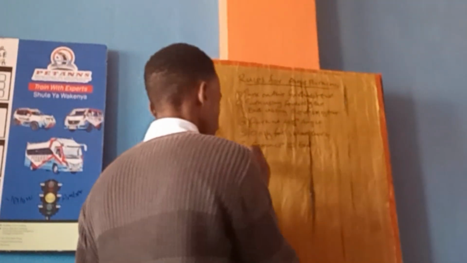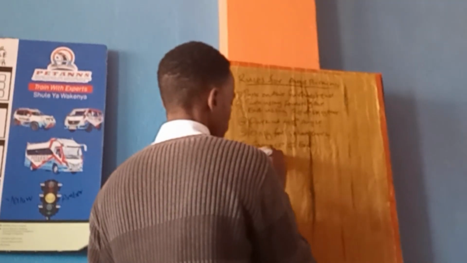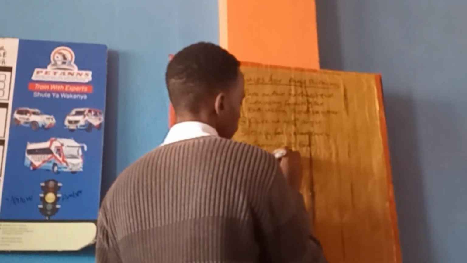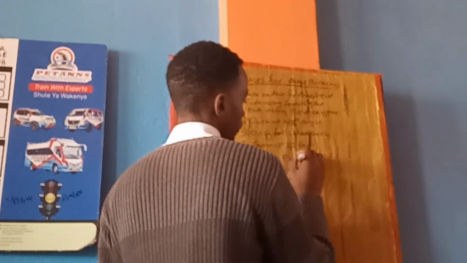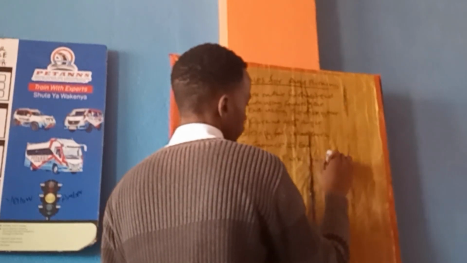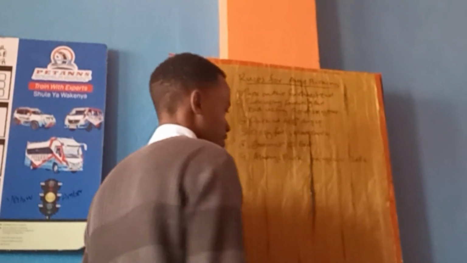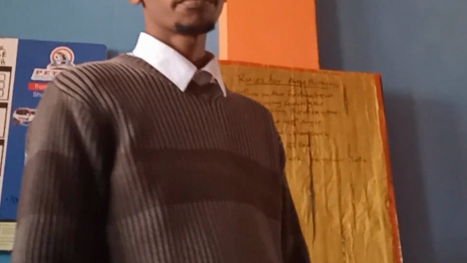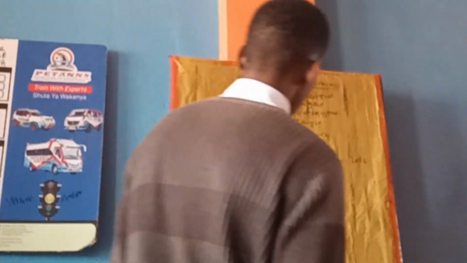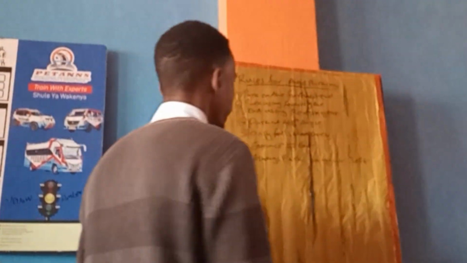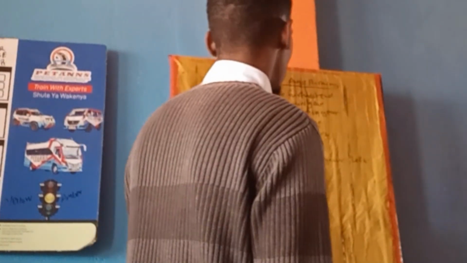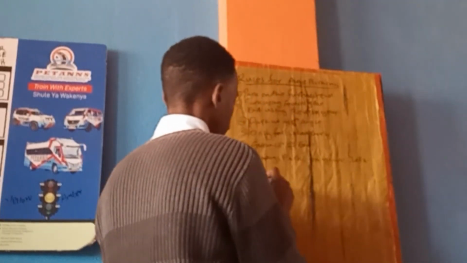And number seven is you should always park on your left. So there are seven simple rules for angle parking.